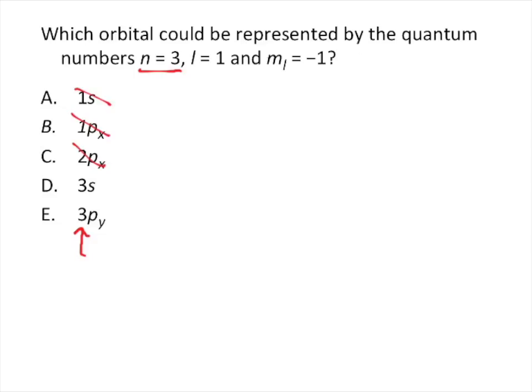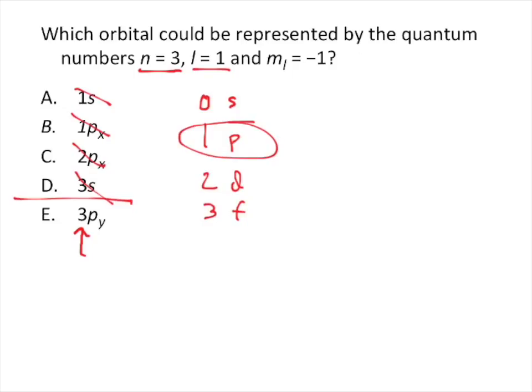Now, l equals 1. Remember, if l equals 0, that's an s orbital. If l equals 1, that's a p orbital. If l equals 2, that's a d orbital. And if l equals 3, that's an f orbital. So l equals 1 means we have p, so we can cross off the 3s, and our answer is E, the 3p orbital.